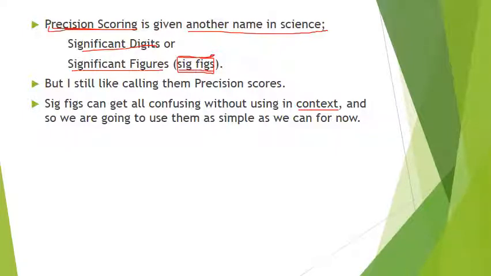For right now, we're going to try to make our precision scoring relatively simple, and if you take 121, we'll expand on it. But for right now, just try to get the concept.